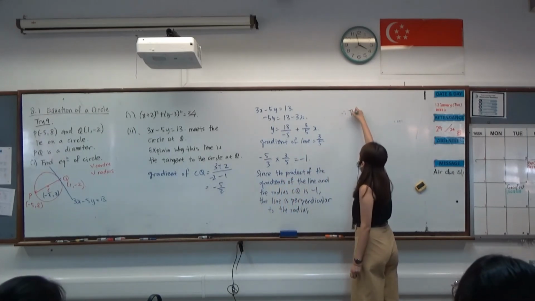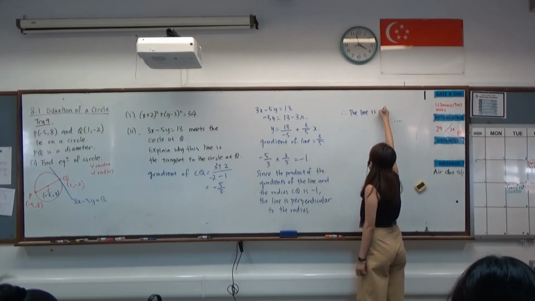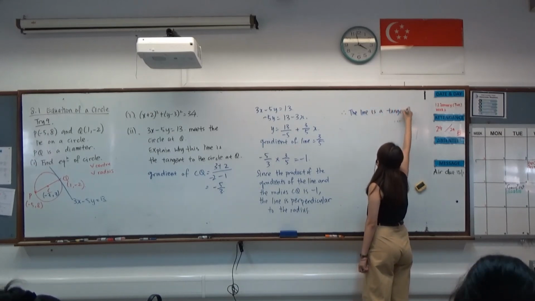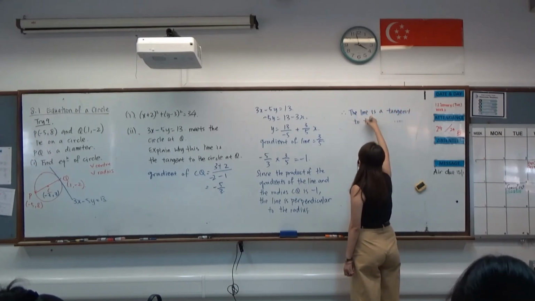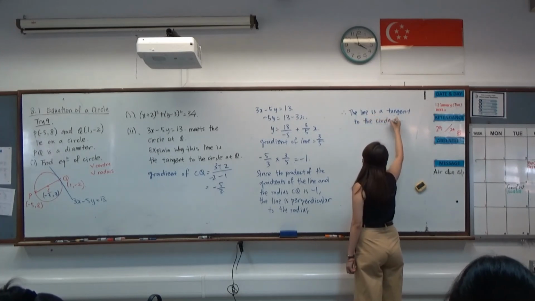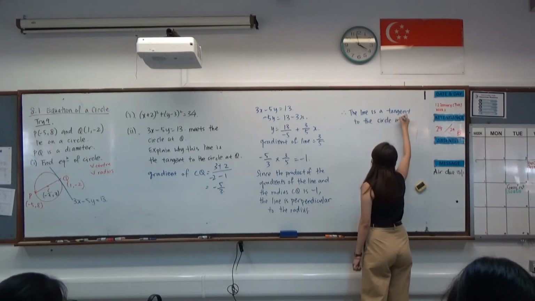Therefore, the line is a tangent to the circle at Q.